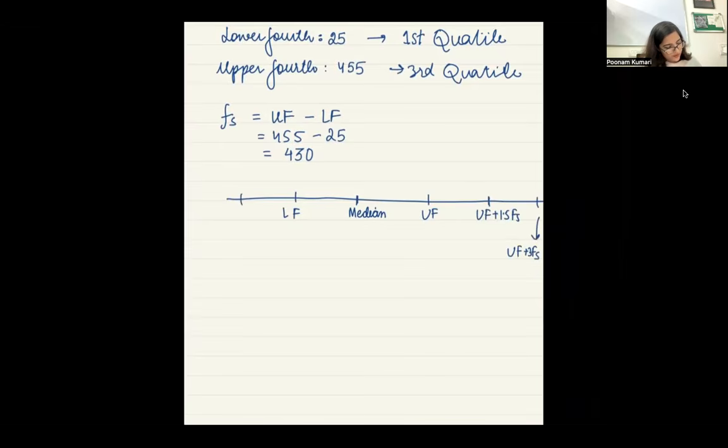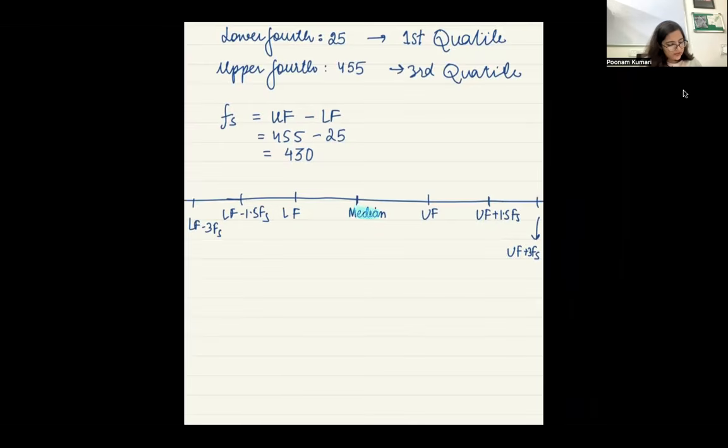And then what is lower fourth minus 1.5 fs, and lower fourth minus 3 fs. That will help me in bifurcating: do I have mild outliers, or extreme outliers, or do I even have outliers to begin with?